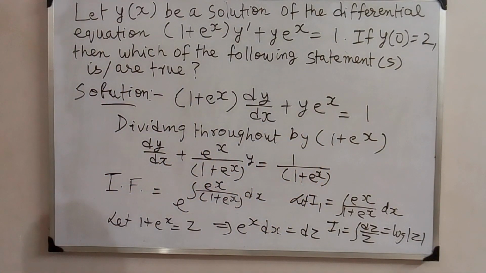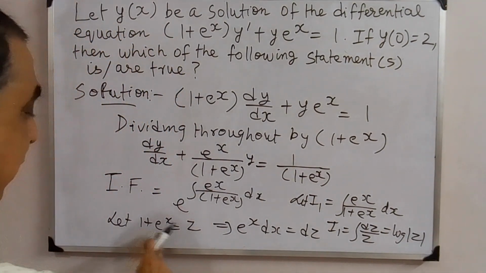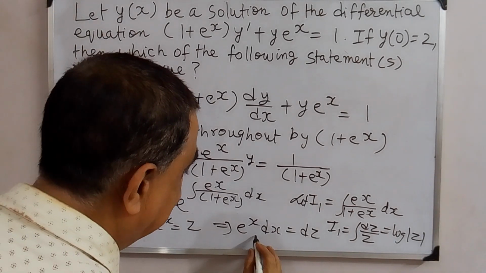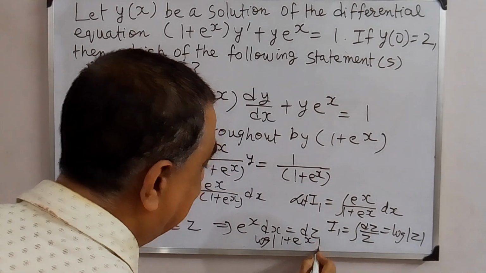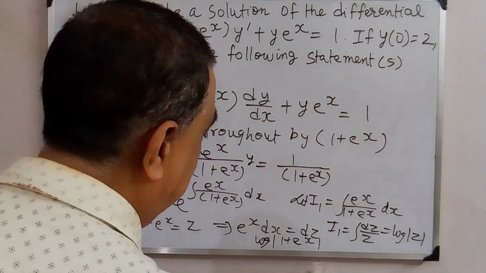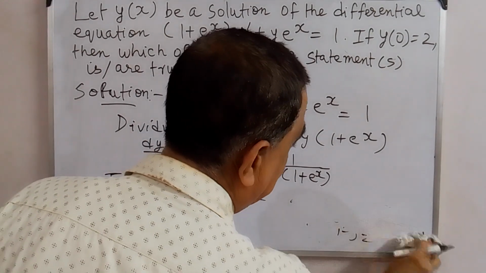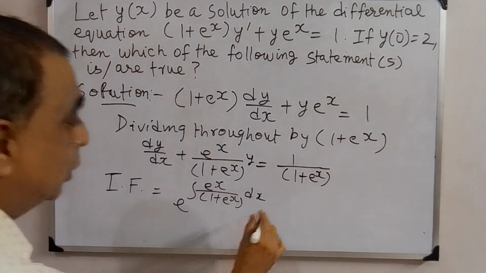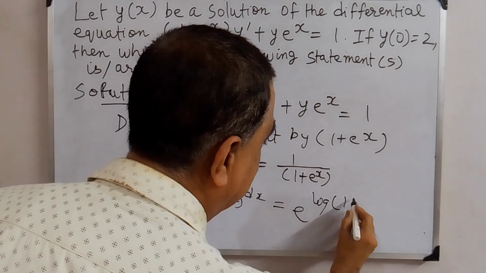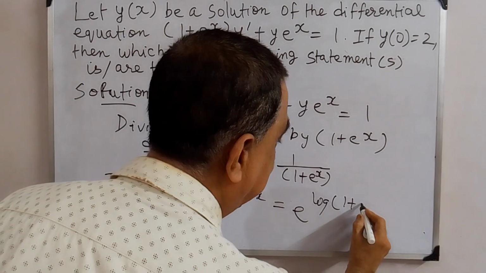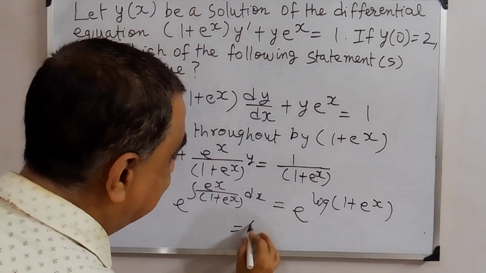So the integral is log z, and z is 1 + e^x, so that is equal to log(1 + e^x). Now the integrating factor is e to the power log(1 + e^x). And e to the power log of any quantity is that quantity.